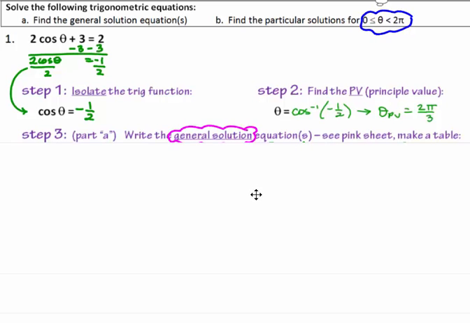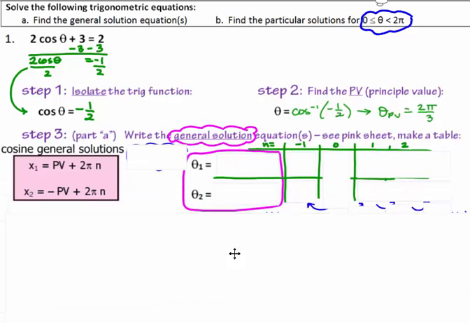So you're going to look at that pink sheet from the video, the very back of your notes packet. And what we're looking for here for our cosine equations, we're looking for our principal value plus 2 pi n and negative principal value plus 2 pi n. Notice these are just for cosine. Okay, so our principal value here is 2 pi over 3.